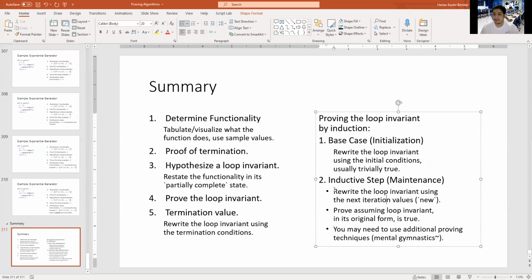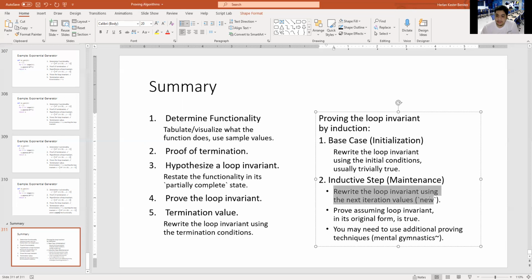So, yung aking personal na steps na para gawin ito is first is rewrite the loop invariant using the next iteration values. Usually, ginagawa ko dito, sinasubscript ko ng new yung mga bagay-bagay. Makikita nyo to later.